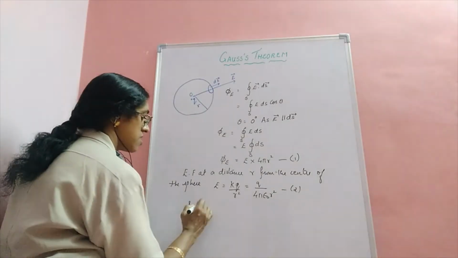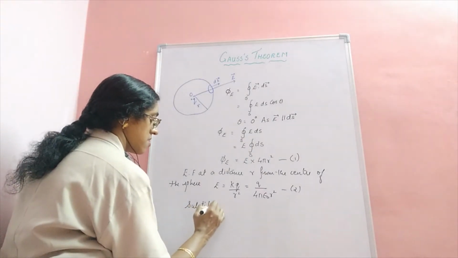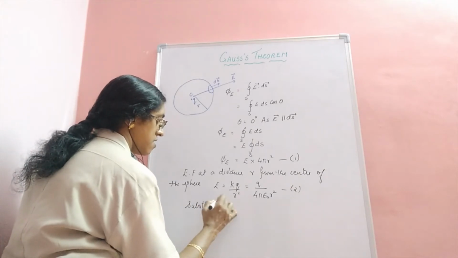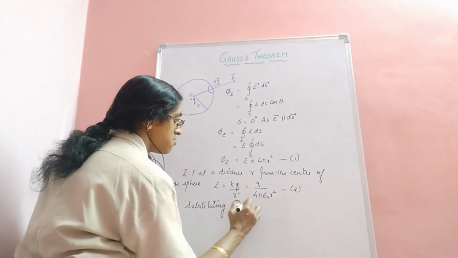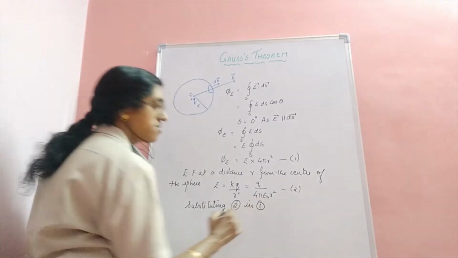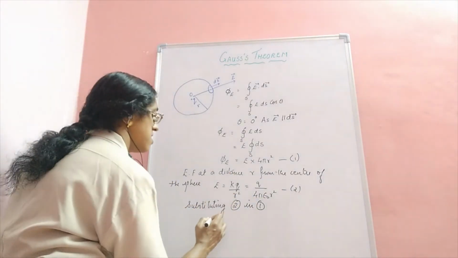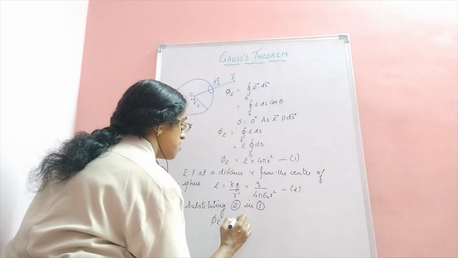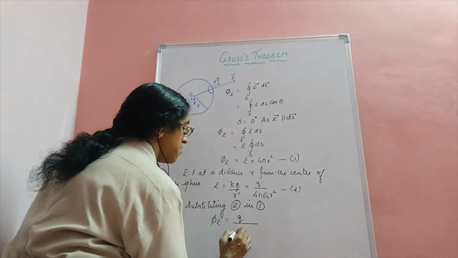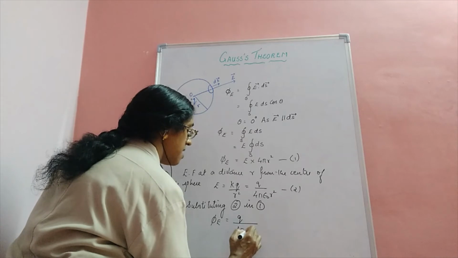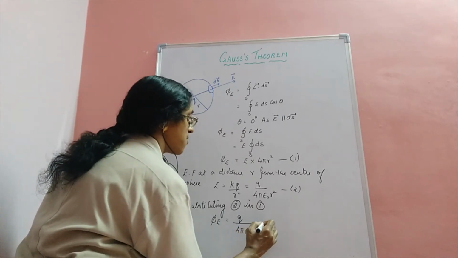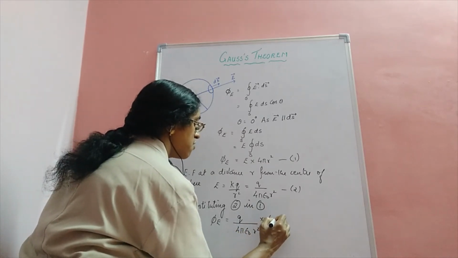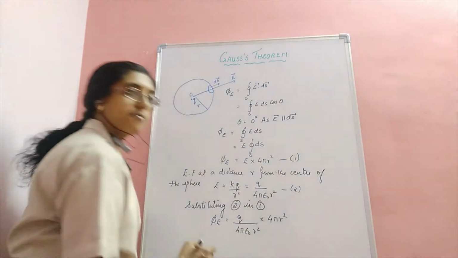Substituting 2 in 1, what do we get? Flux phi E is equal to q upon 4 pi epsilon naught r square into 4 pi r square.